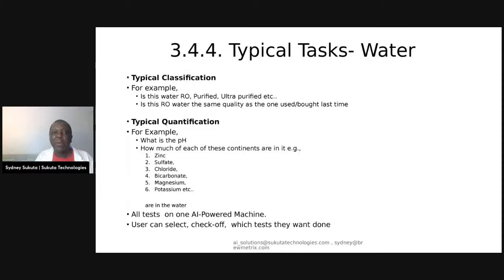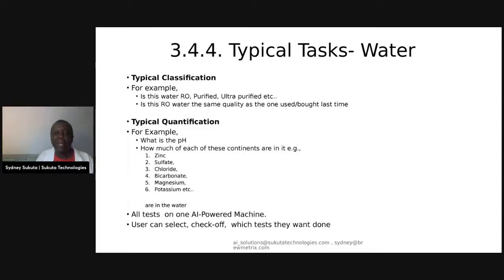Also, typical quantifications will be, for example, what is the pH, and how much of each of the constituents is in it, like how much zinc is in there, and the machine will tell you, and you can decide whether it's enough or too much, whatever your situation is. So all those analyses I described, they can be quantified and more.